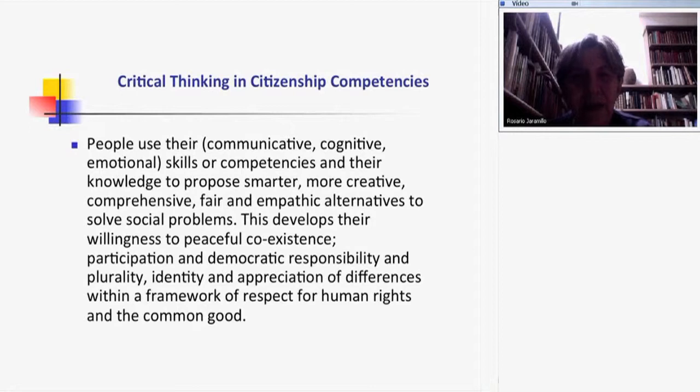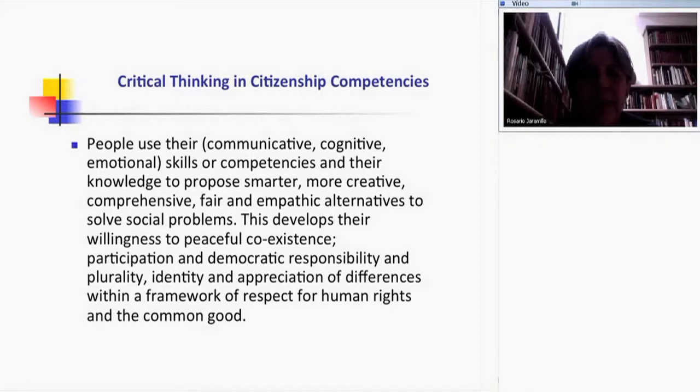In all of these, you need not only cognitive skills, but also emotional ones, where when you are aware of these emotions and how they are affecting the way that you think, you can really communicate in a much better way with the other in order to be able to come to a solution that is good for everyone. And so people use their communicative, cognitive, emotional skills or competencies and their knowledge.